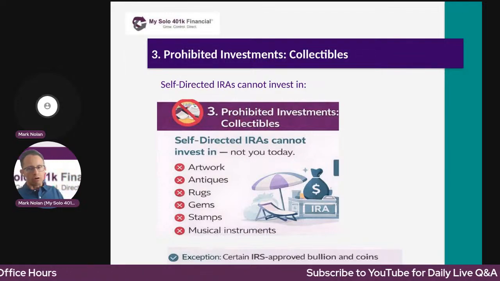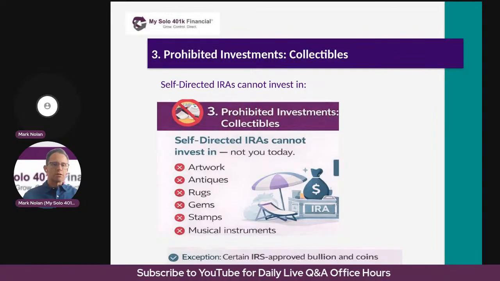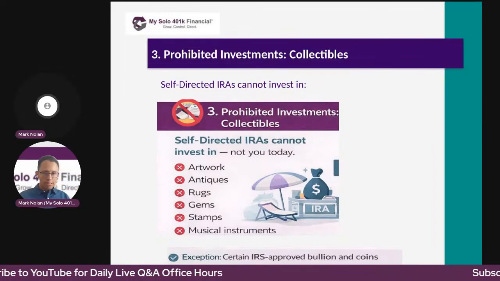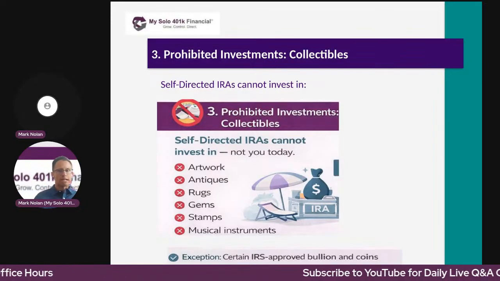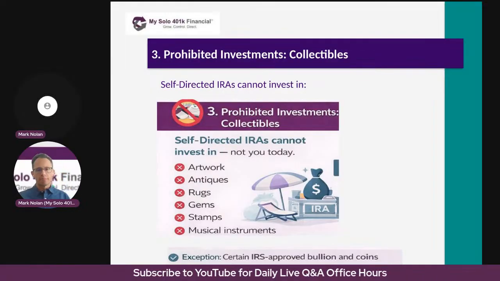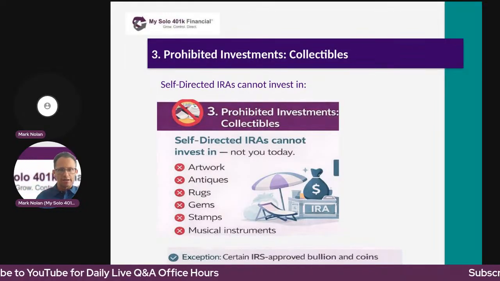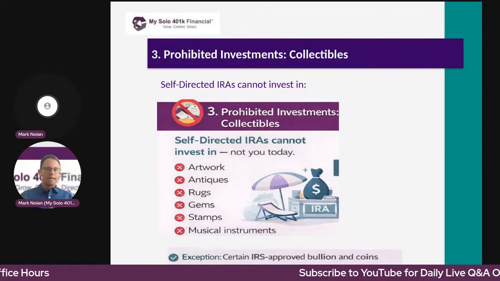Well, artwork. So you might have a favorite painter and you want to use your solo 401k or self-directed IRA to buy art from that painter. Well, that's not allowed. Also, rugs. Maybe you took a nice trip over to the Middle East and you found a nice Persian rug that you like. Well, that's disallowed.